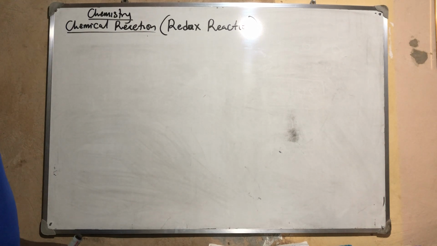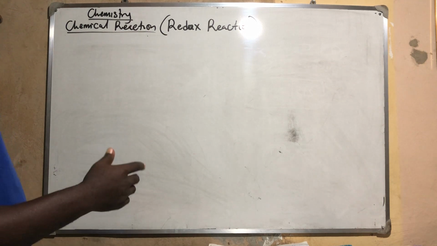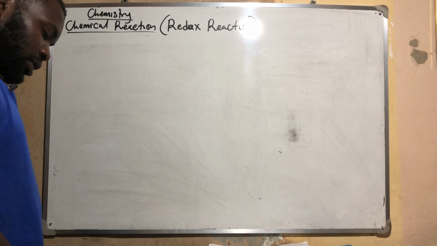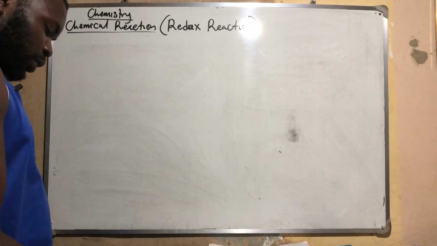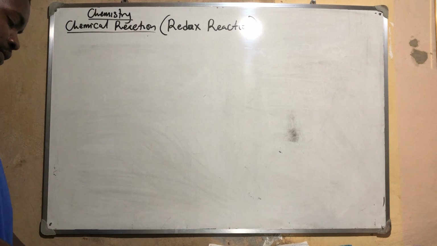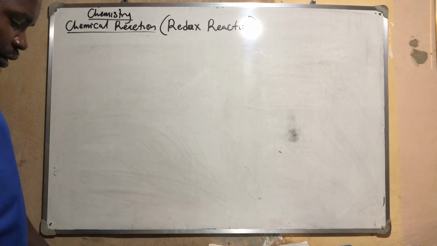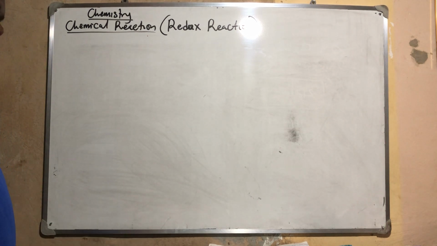Now, we define oxidation and reduction reaction in different terms. We can define it in terms of oxygen, in terms of hydrogen, in terms of metals, in terms of non-metals, in terms of electronegativity, in terms of electropositivity, and in terms of electron transfer.